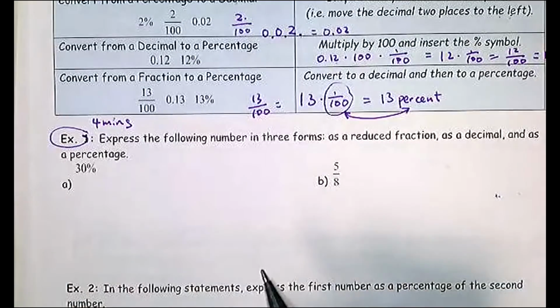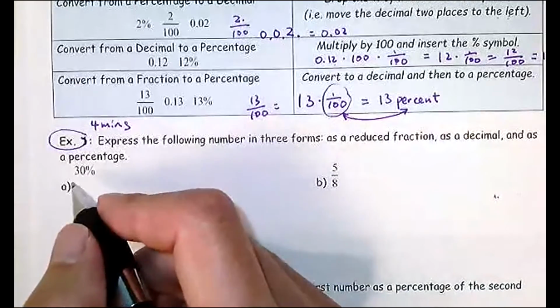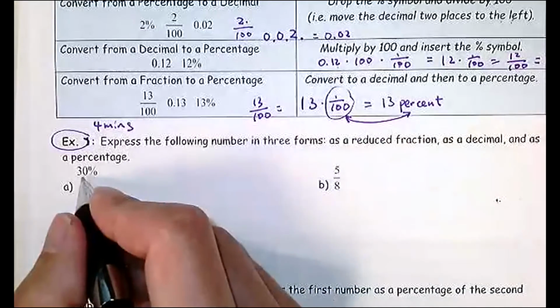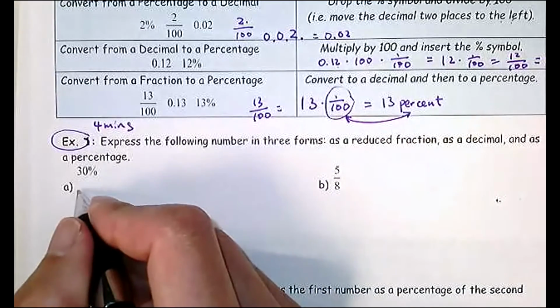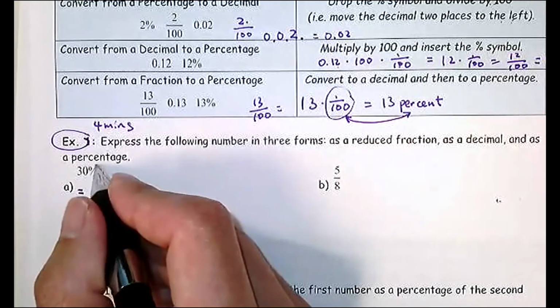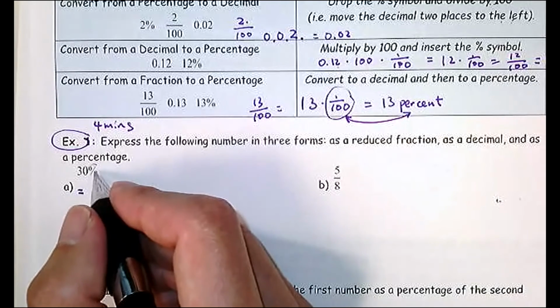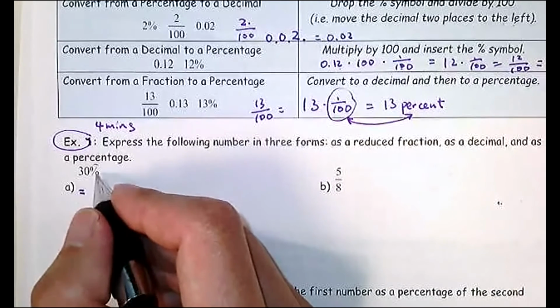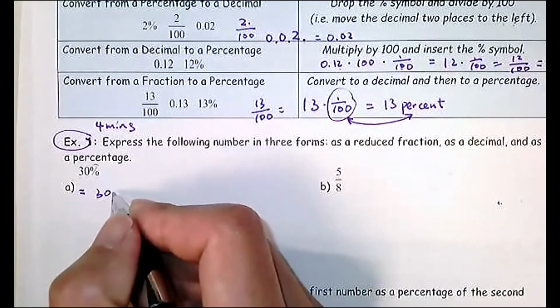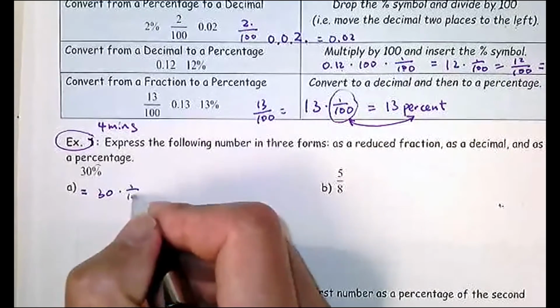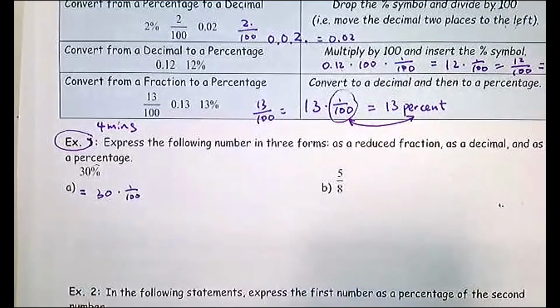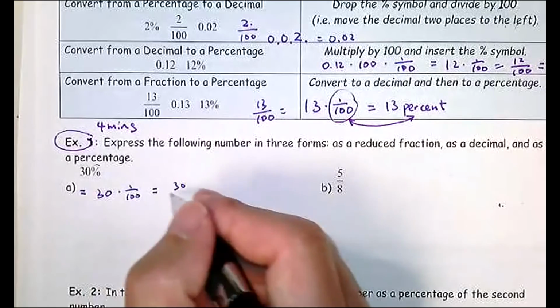Let me elaborate a little bit. So this is already 30%. Percent is equivalent to 1 over 100. So this is 30 times 1 over 100, which is 30 over 100.